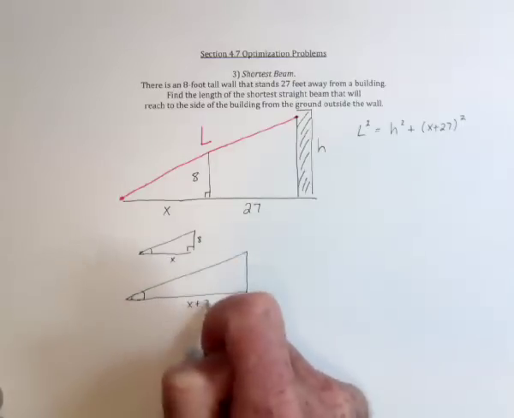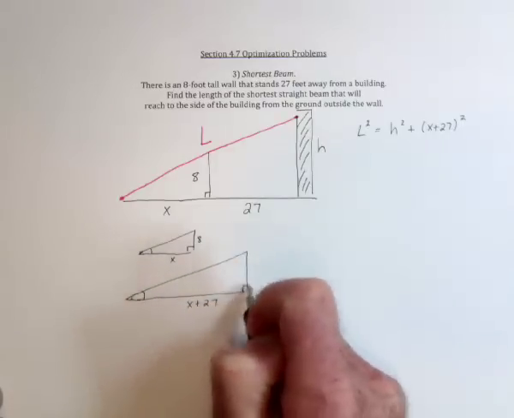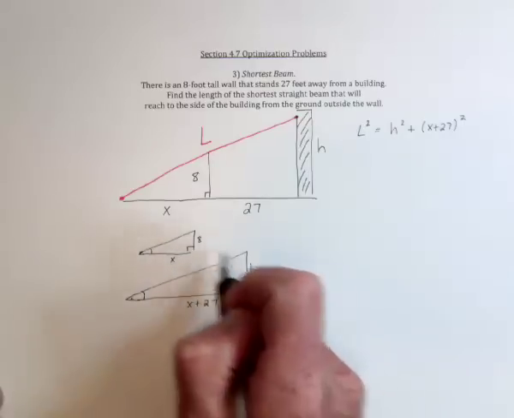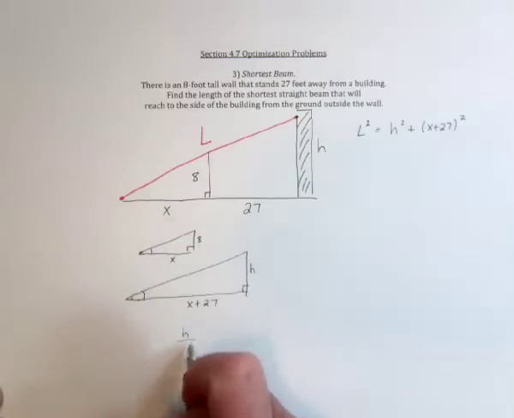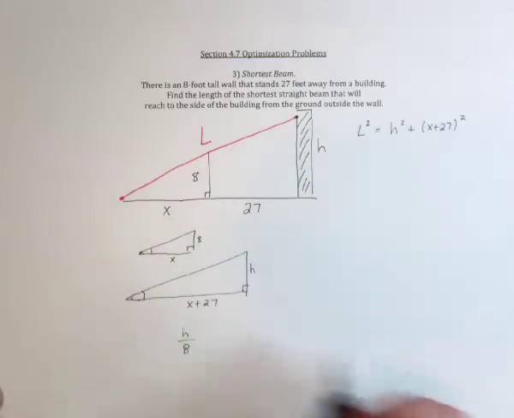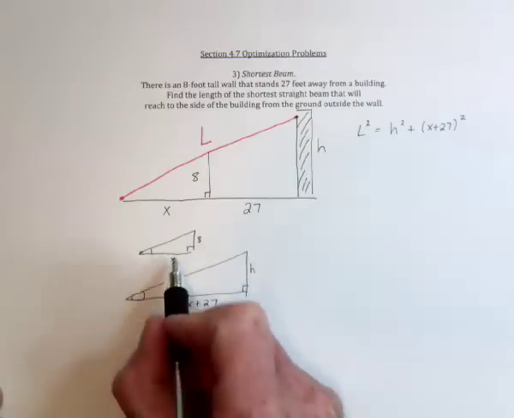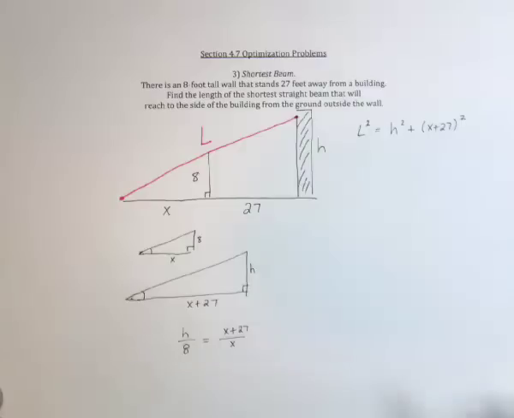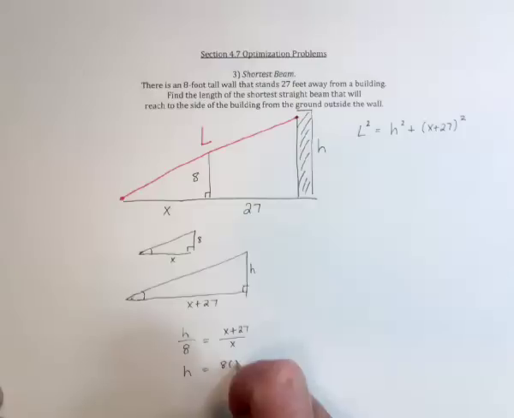It's got x plus 27 as this, and h as this side. So then I can do a comparison like h over 8 is going to be the same ratio as x plus 27 over x. And then all we have to do is multiply by 8, and we have what h is equal to.